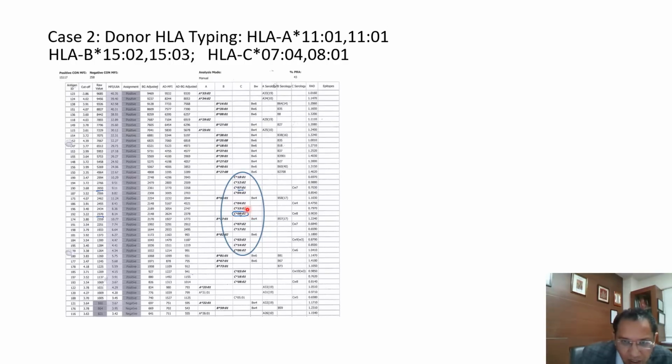So you have one donor specific antibody, C0801, that is for sure. C0801 is here in the donor, and you have an antibody to C0801. But what is also important is C0704 is not present here. So there is no representation of C0704. But C0701 and 02 and 03 are positive.